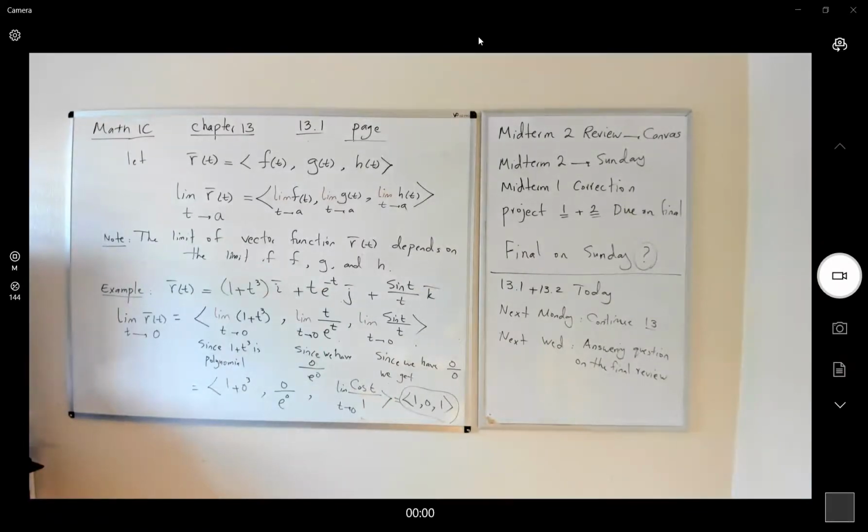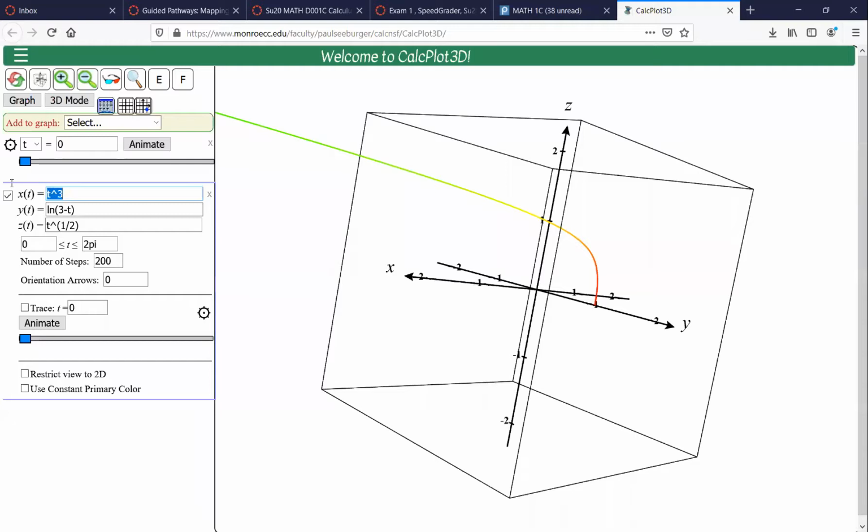Okay, guys, take your time, write this down. Our first component is 1 plus t cubed. The second component is t divided by e raised to t. The last component is sine t over t.